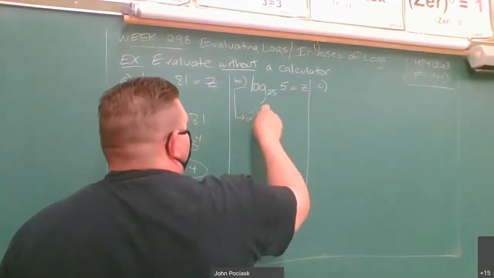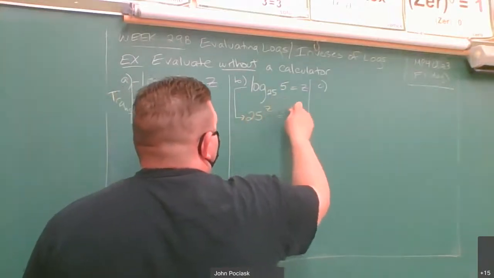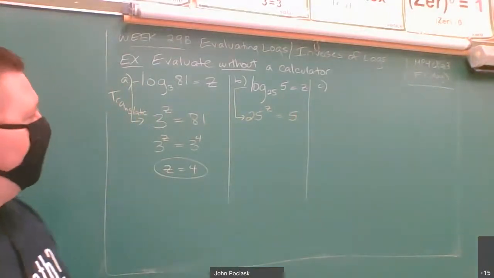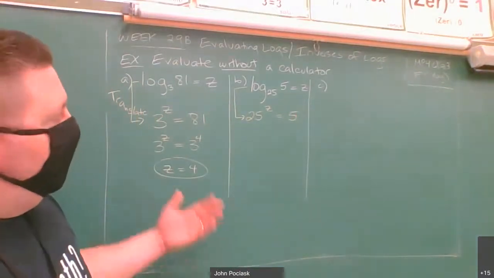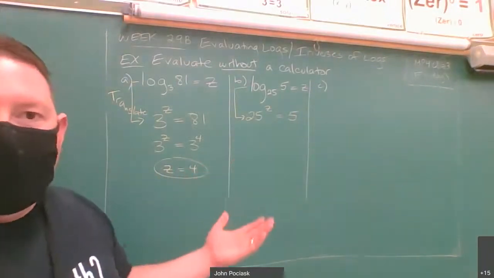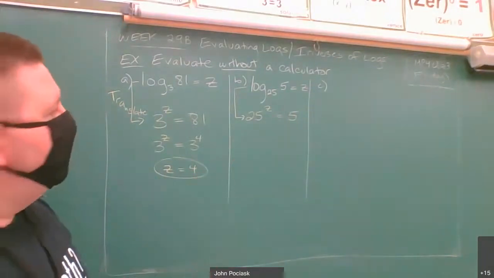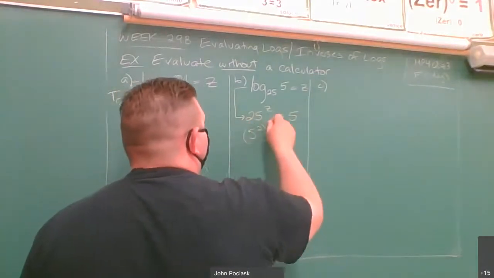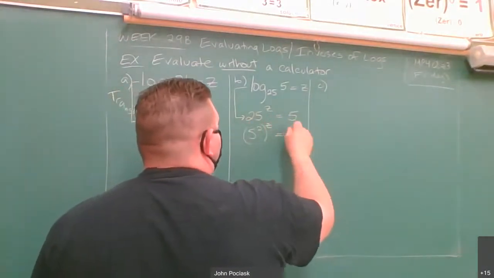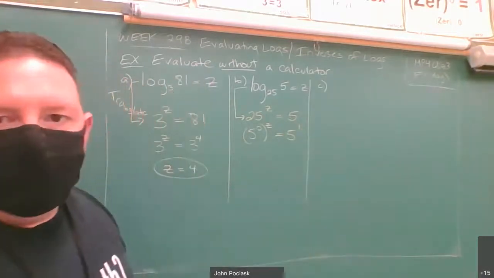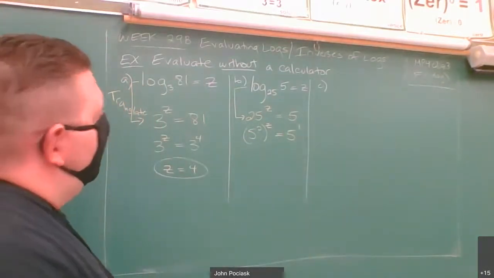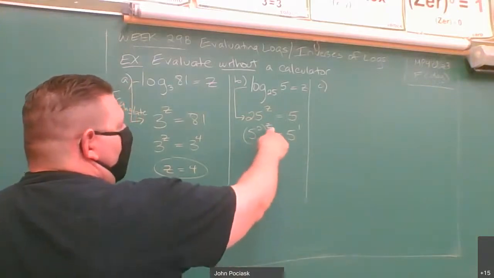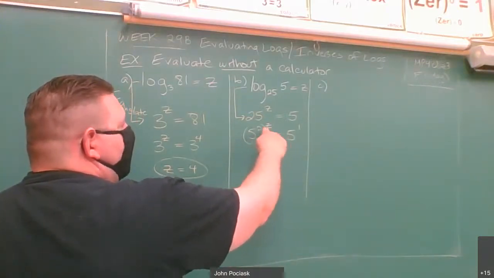It would be 25 to the Z equals 5. And both sides are powers of 5. So 25 is 5 squared. So I rewrite that. 5 is just 5 to the first. And on the left-hand side, I have the power of a power property, so I multiply the exponents.